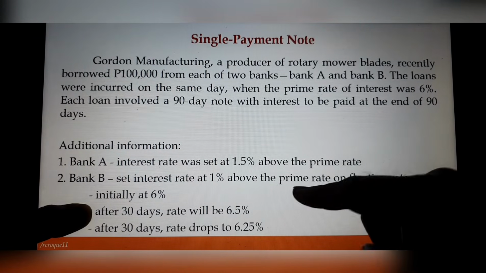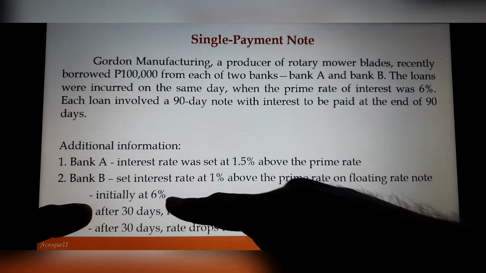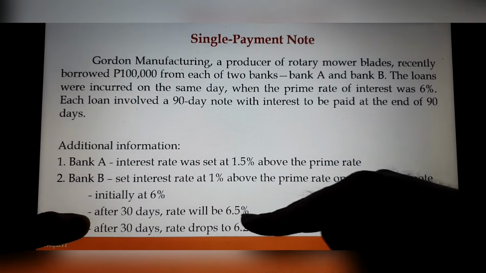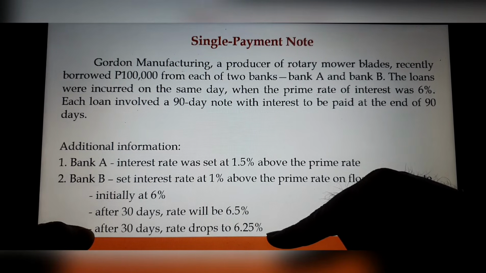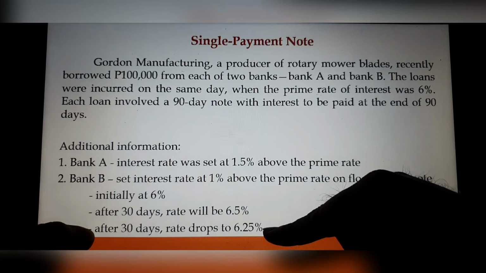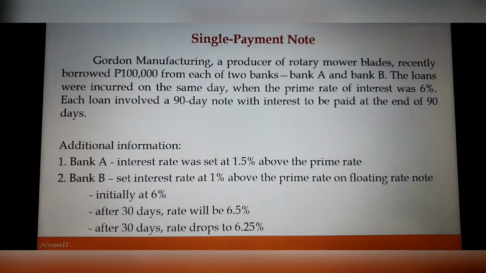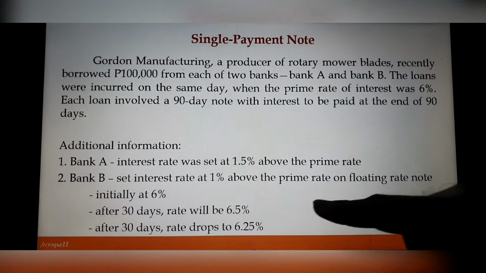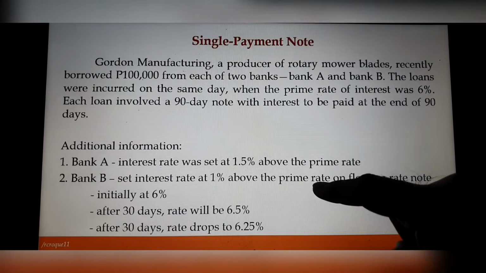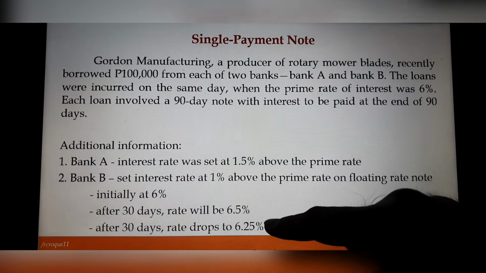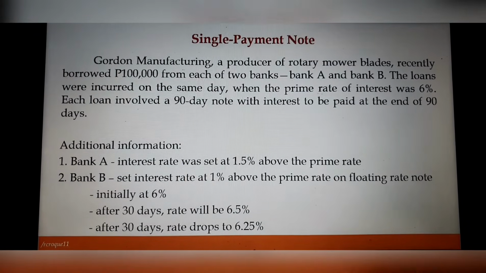So, initially, at 6%, and then after 30 days, rate will be 6.5%, and after another 30 days, rate drops to 6.25%. So, nagbabago or nagpa-fluctuate yung ating rate. Again, ang ating sinet na above the prime rate is 1, pero yung prime rate natin nagbabago, nagpa-fluctuate. So, ang objective natin is to compute for the effective annual rate.